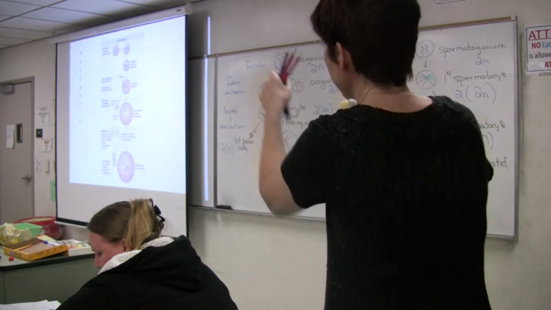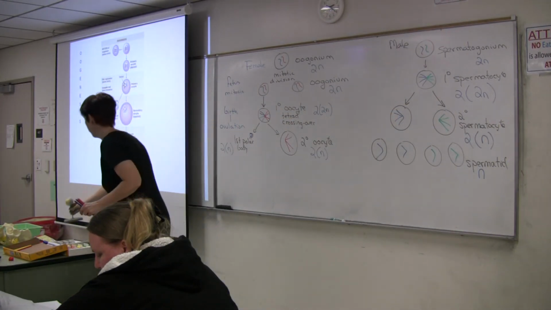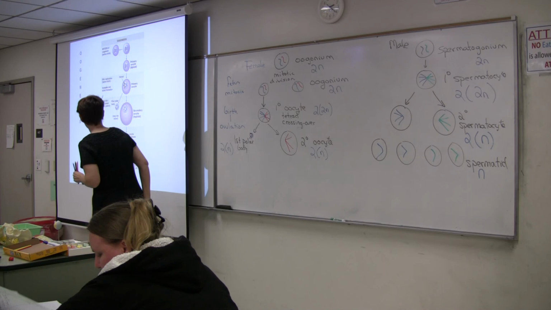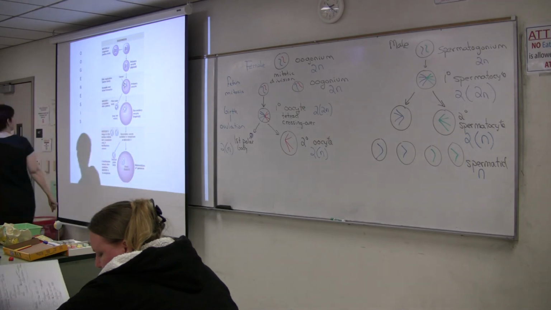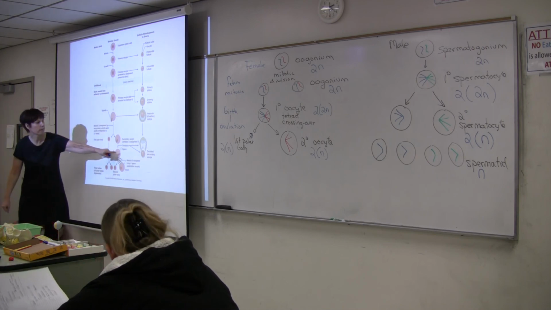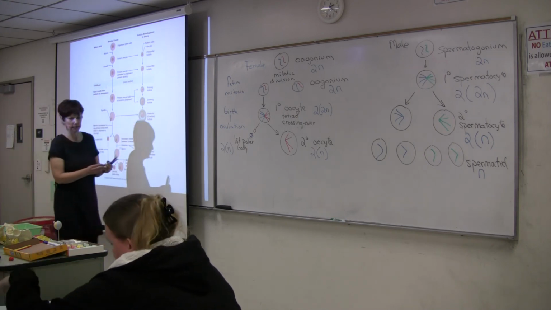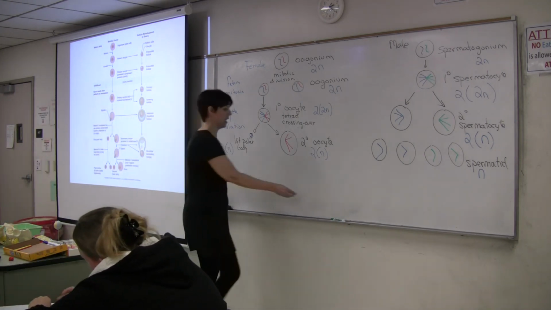Now, if it does get fertilized, okay, so in this diagram, here's the sperm. So if it does get fertilized, shall we make our sperm green?